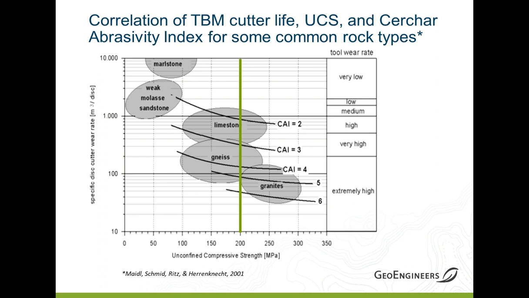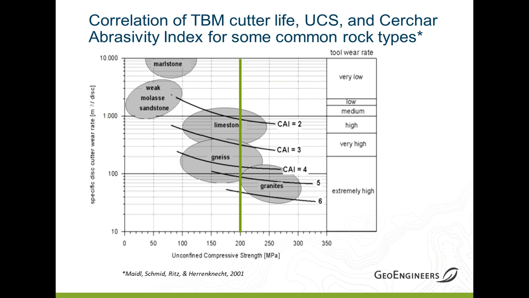I think it's important also to look at the abrasivity of the material. So you could have a rock that's 150 megapascals and a Cerchar abrasivity index of 2, and feel pretty comfortable about getting through that in a relatively short amount of time, and without perhaps having to retract the machine to change out cutting tools.